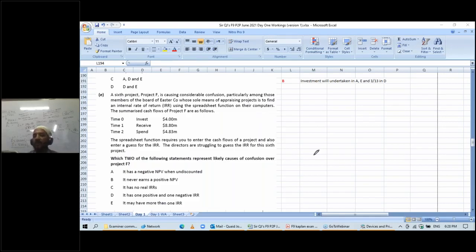Like if there is a 5-year project, the year 1, year 2, year 3, year 4, year 5 cash flows are positive. So this is known as a conventional cash flow, right? Over here, you note that at time 0, there is a negative cash flow of minus 4 million. And then again, in year 2, there is a negative cash flow of 4.83 million. So this is an unconventional cash flow, not normal as we usually see. In unconventional cash flows, there can be 2 IRRs.